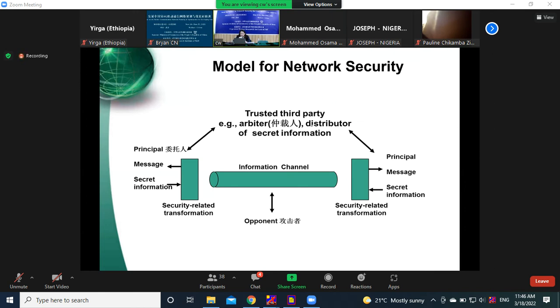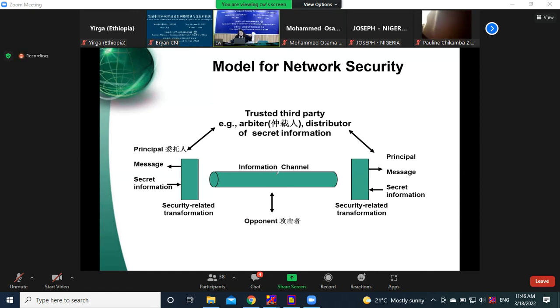So in these ways, sometimes we often say that one is a security related transformation, and another also is a security related transformation, and let's say the information channel. And sometimes there are some opponents or attackers in it.